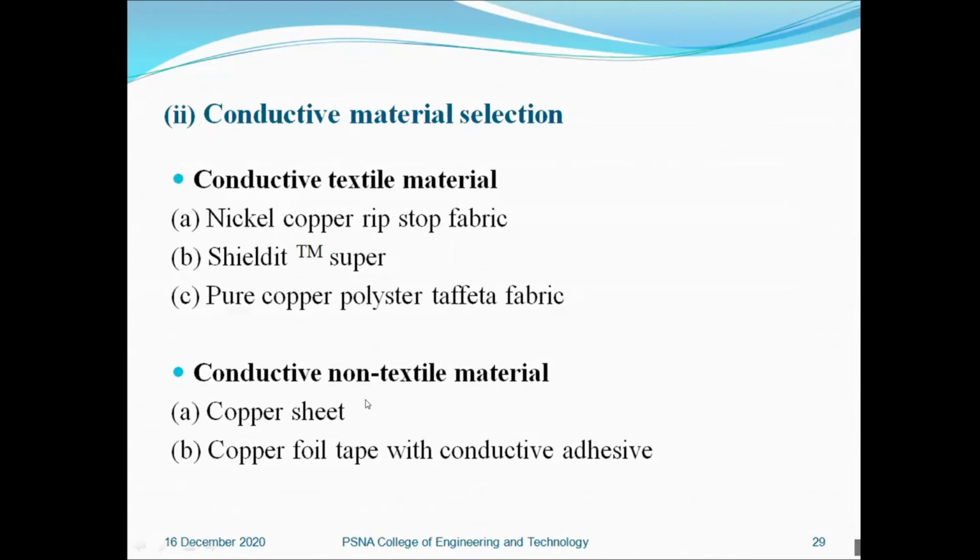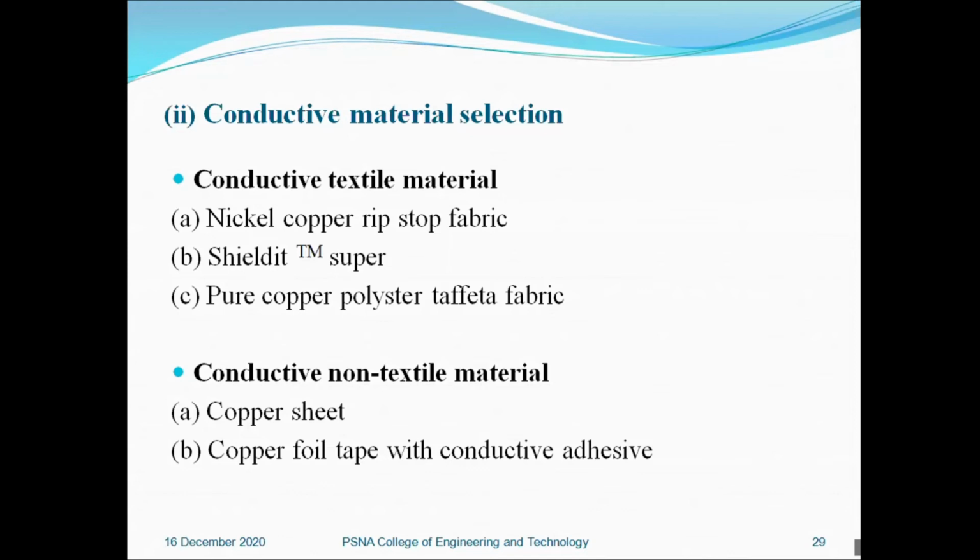A conductive non-textile material is a simple copper sheet we can use, or copper foil tape, which is readily available; even online you can purchase copper foil tape with conductive adhesive, because you have to paste it on this textile material, you know, ground plane, dielectric, and over that a conducting surface.